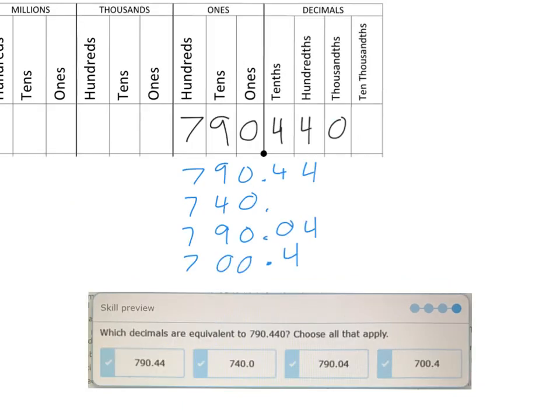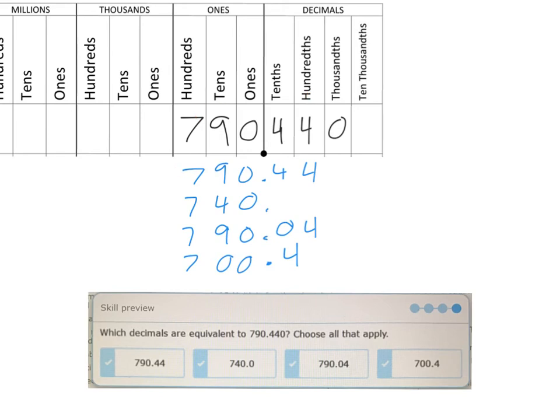Our last example says, which decimals are equivalent to 790 and 440 thousandths, or 790.440? Choose all that apply. I've written 790 and 440 thousandths in the place value chart, and now I'm going to compare.